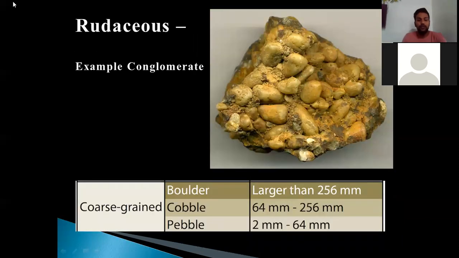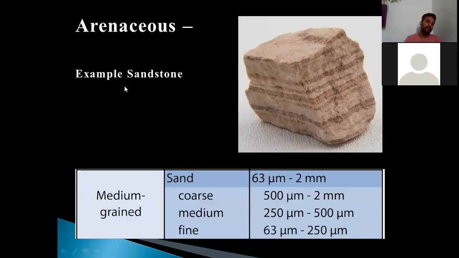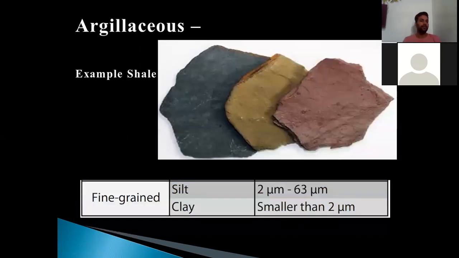Then we have seen the rudaceous sedimentary rock, where the grains are quite coarser in size. We have seen the grain sizes of them. One example is conglomerate. Then we have seen the arenaceous rock. There are other subclassifications, where sandstone is an example, and the respective grain sizes are given here. Then we have seen the argillaceous rock.